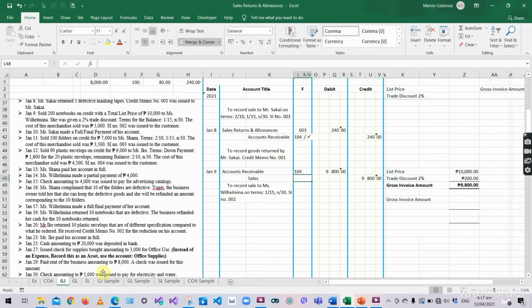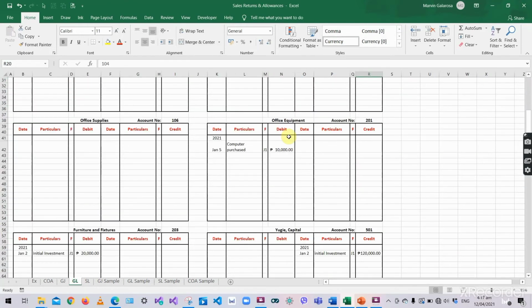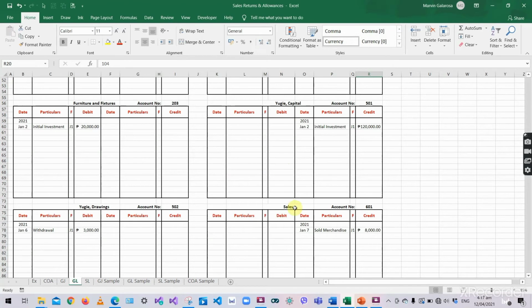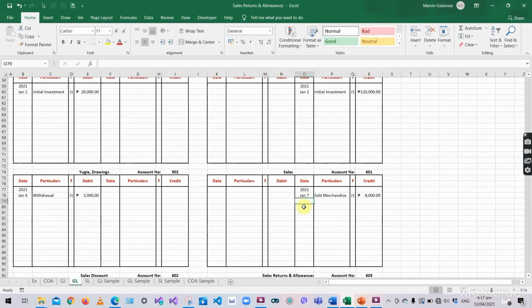Sales naman, credit na 9,800. So, sa credit side, January 9. Sold merchandise. Reference Journal 1. 9,800.